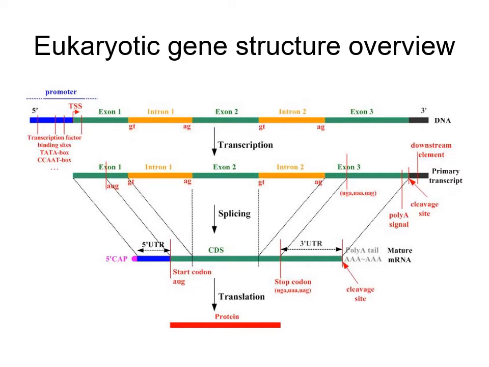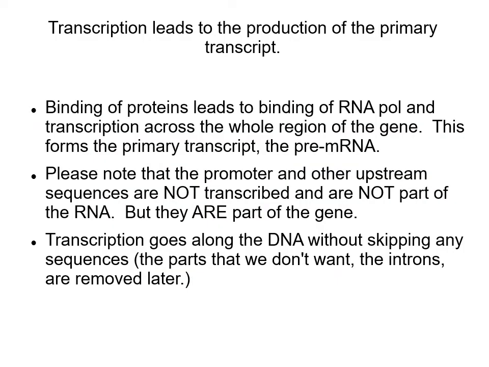So this is a slightly different representation of the mature mRNA at the bottom here, where they're very clearly showing you the cap, the 5' untranslated region, the 3' untranslated region, and the poly A tail. So that's the molecule that's presented to the ribosome for translation purposes. Okay, so it's important to think about signals in the DNA and RNA to cause their correct function.